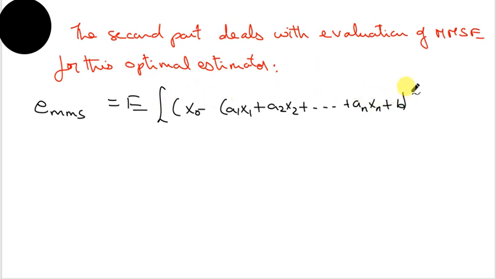This whole term, maybe I can use a different color for the bracket so that it will be clearly seen what we are multiplying where. This whole thing into (x naught minus b).